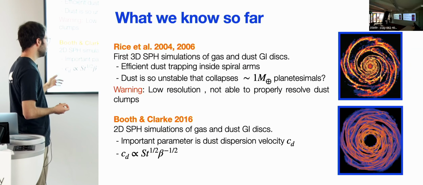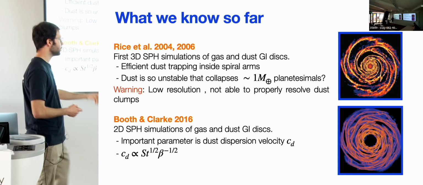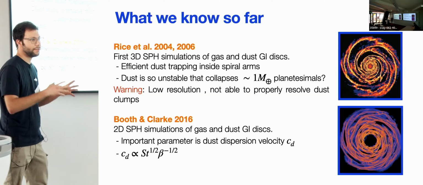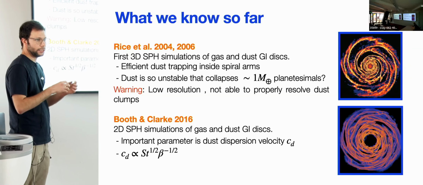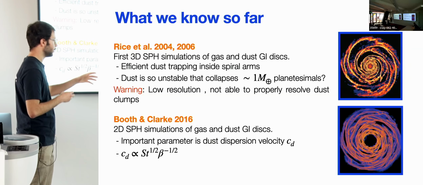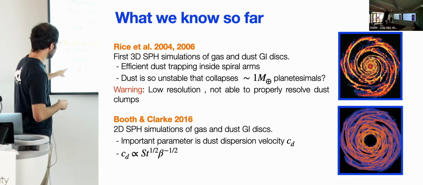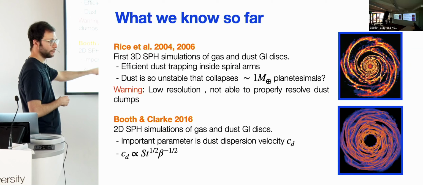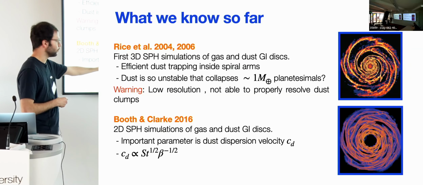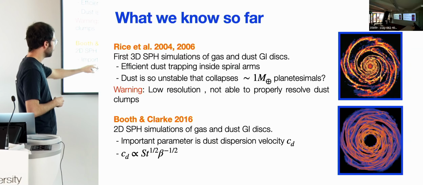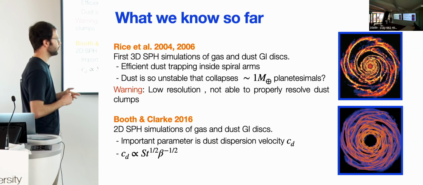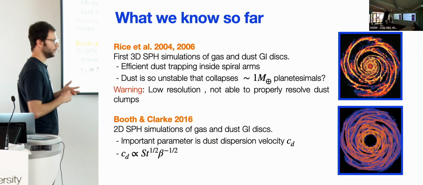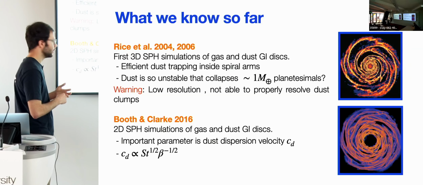And in particular, they focused their attention on the dust dispersion velocity, so the level of excitation of dust inside the simulations. And they found this scaling, so the dust dispersion velocity is proportional to the Stokes number to the power minus 1.5 and the cooling factor. The Stokes number is just a dimensionless measurement of the aerodynamical coupling between gas and dust in these structures.